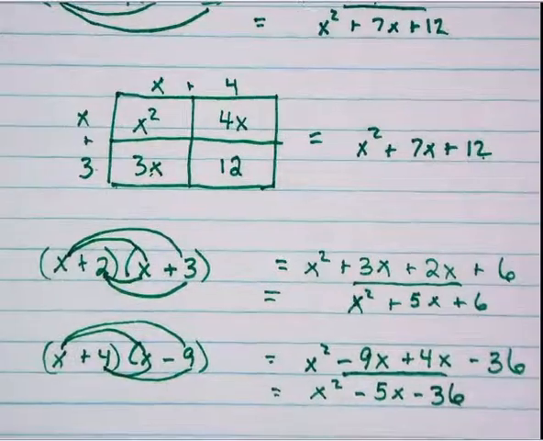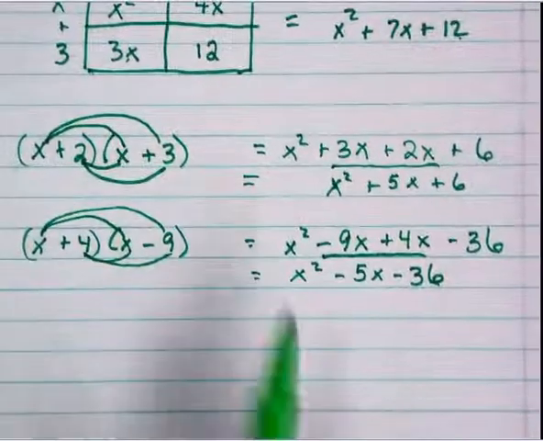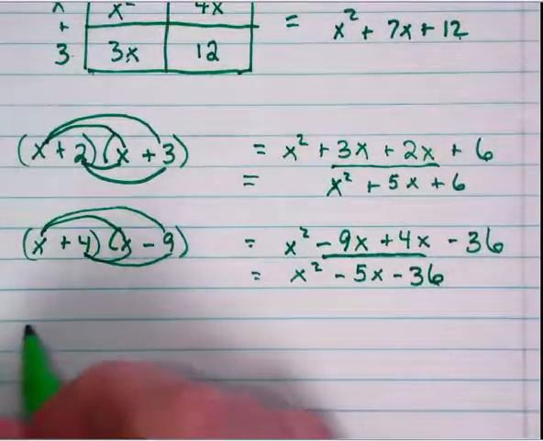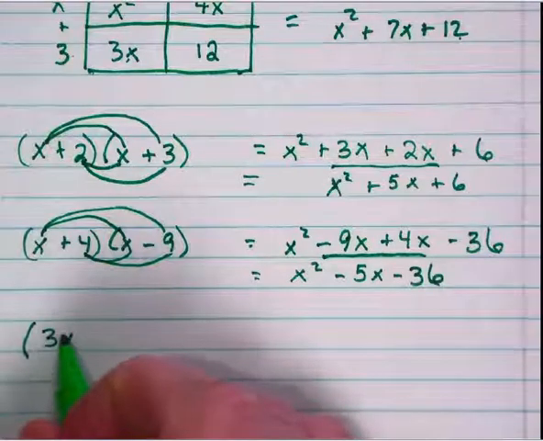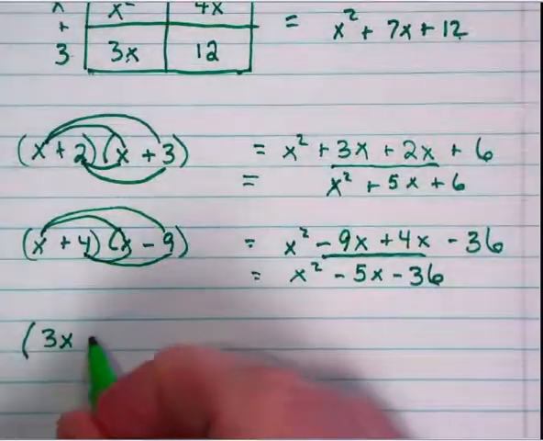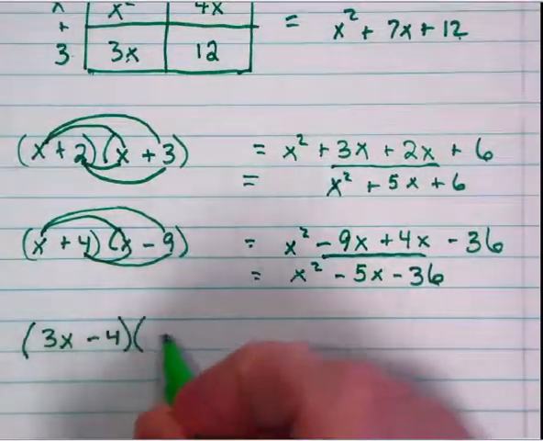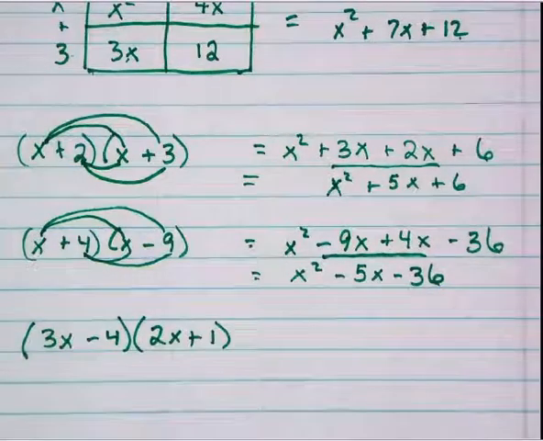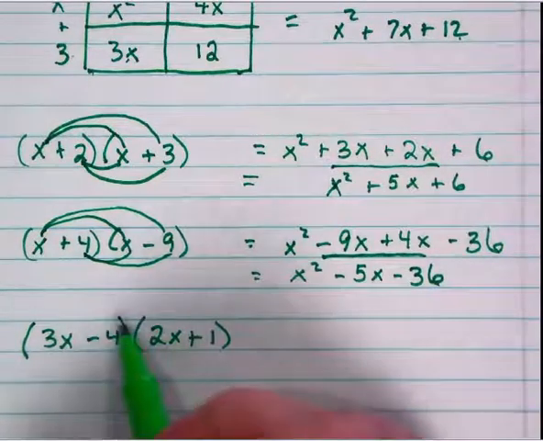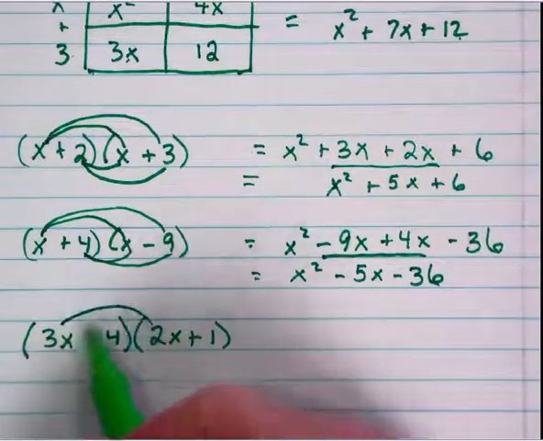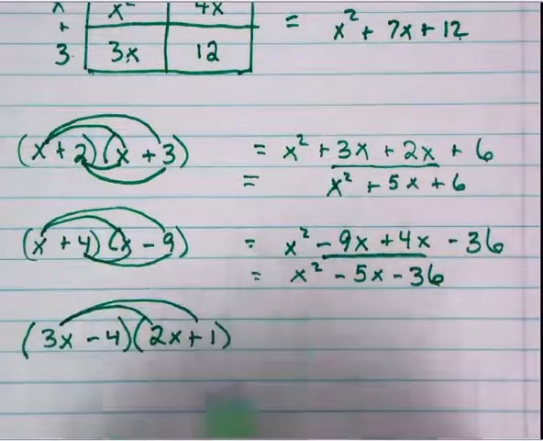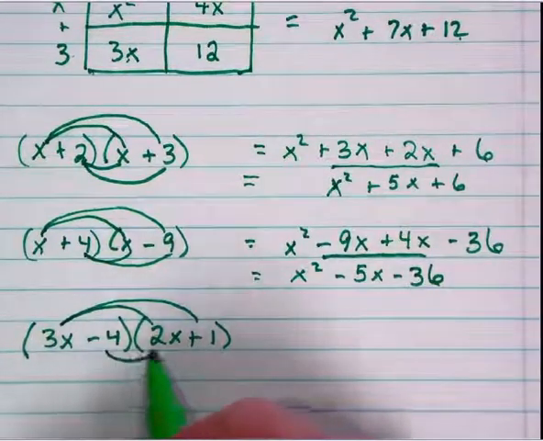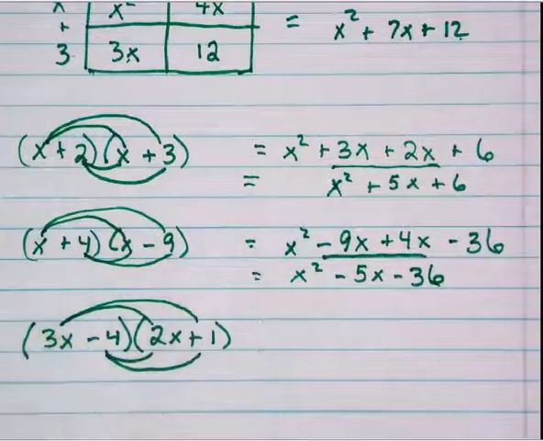Okay? All right. We can even do it with something like 3x minus 4 times 2x plus 1. It doesn't change the way we do things, we just have to remember our exponent rules. So I'm going to distribute the 3x to both parts. I'm going to distribute the negative 4 to both parts.